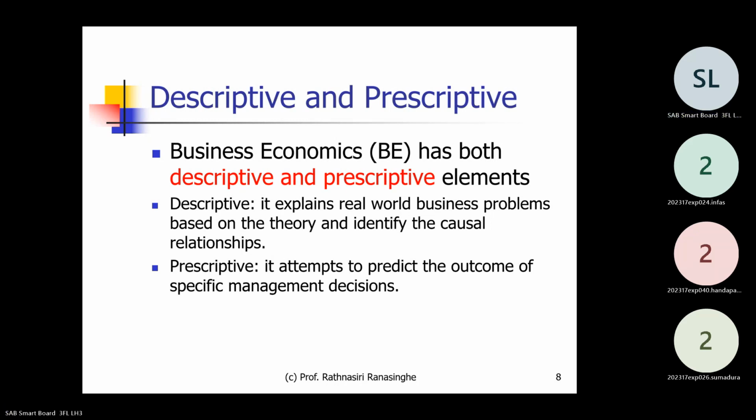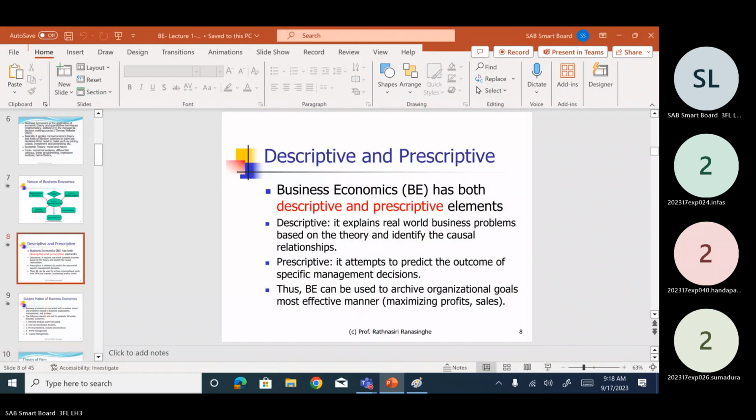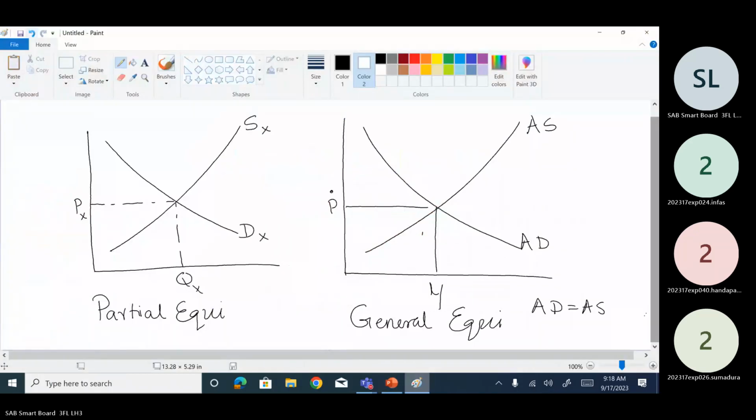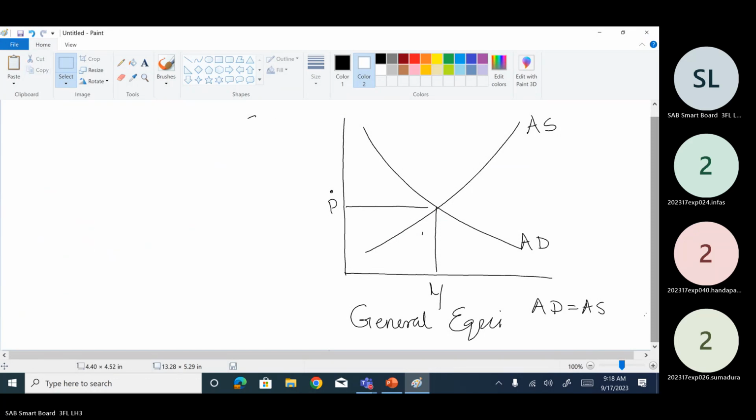Now, if we take profit, we denote it as π.